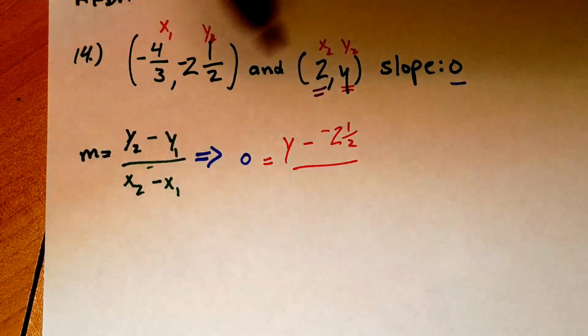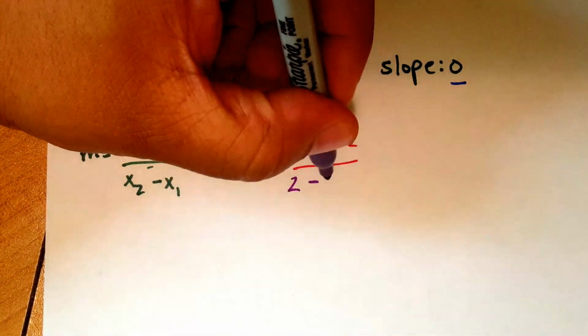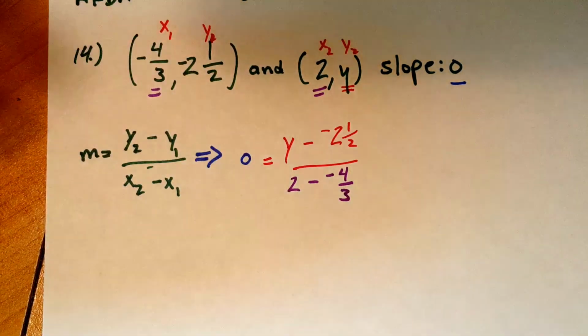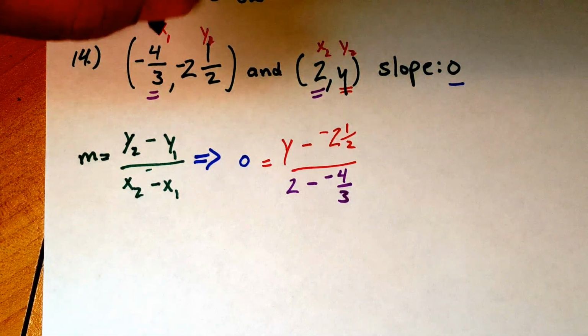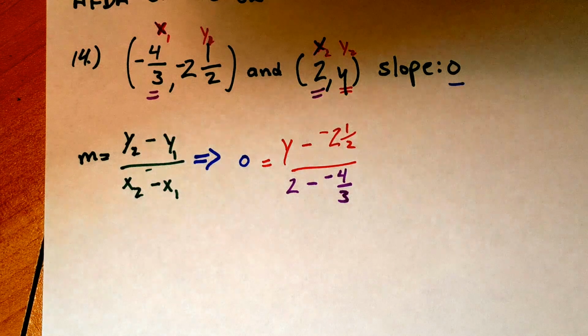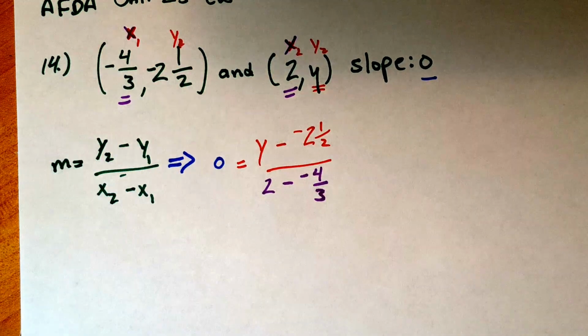So that's my x2, this is my x1. All right, so I have my y coordinates in red, my x coordinates in purple, and my slope in 0. So hopefully you see where everything came from.